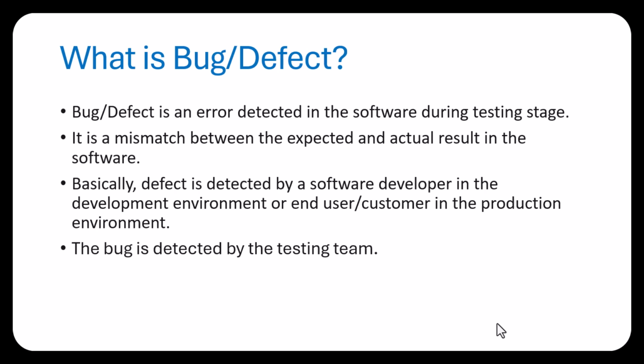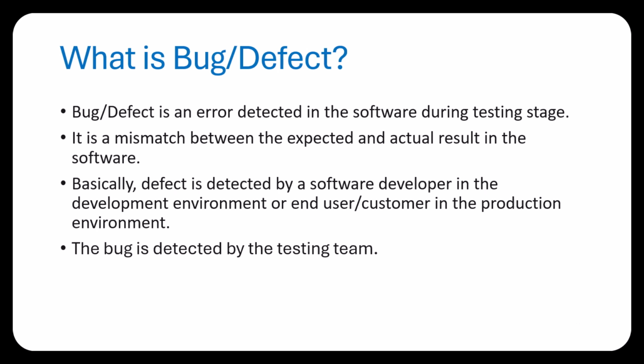This is nothing but the mismatch between the expected and the actual results of the software. Whenever there is some mismatch in the expected and actual result, at that time we can tell that we have detected a bug or defect. And basically, a bug is detected by the testing team.